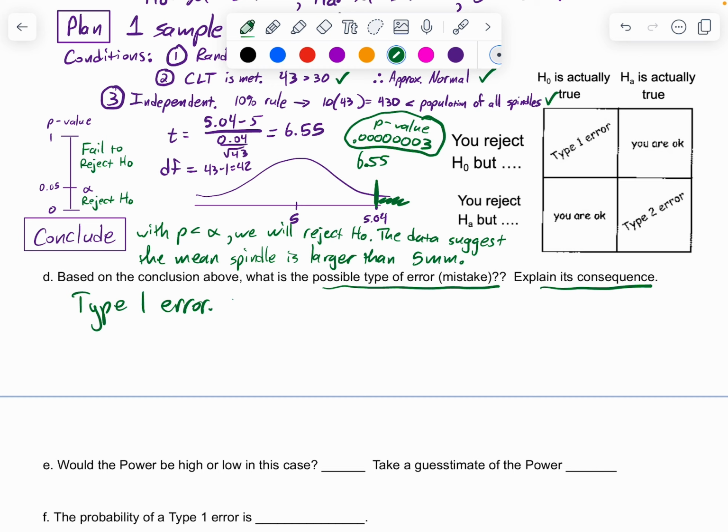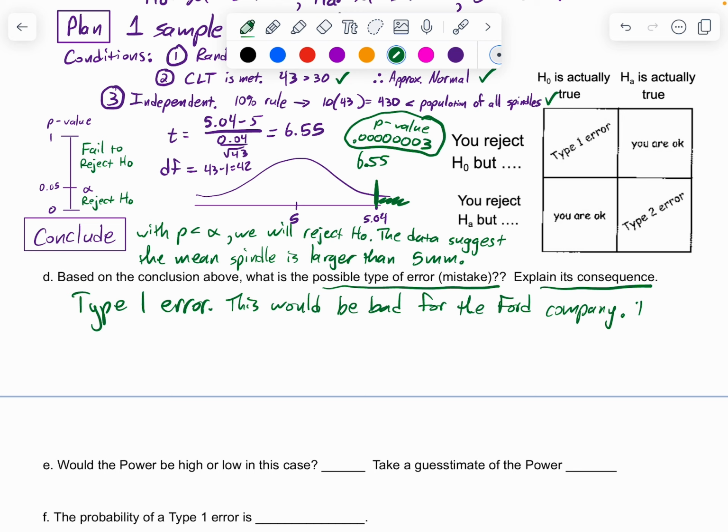This would be bad for the Ford company, right? They might have to redo their manufacturing line. People might be untrusting of their cars now, and they might stop buying them.